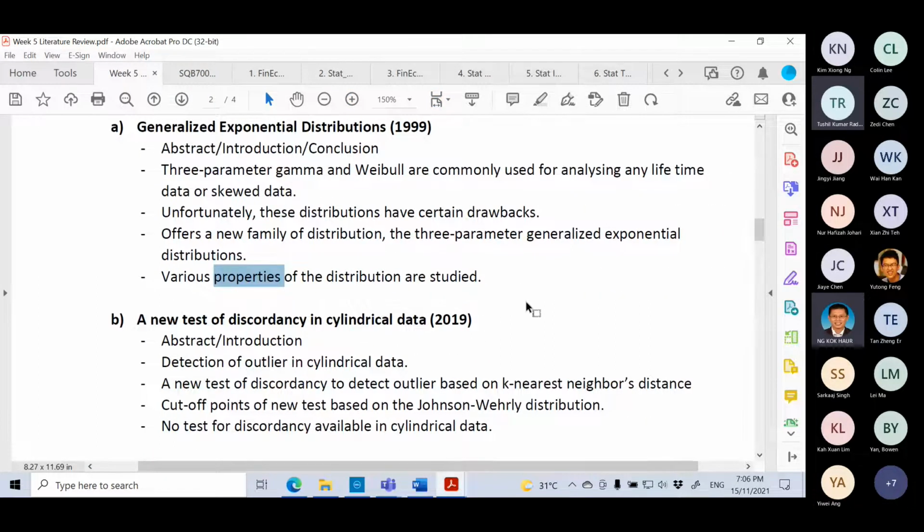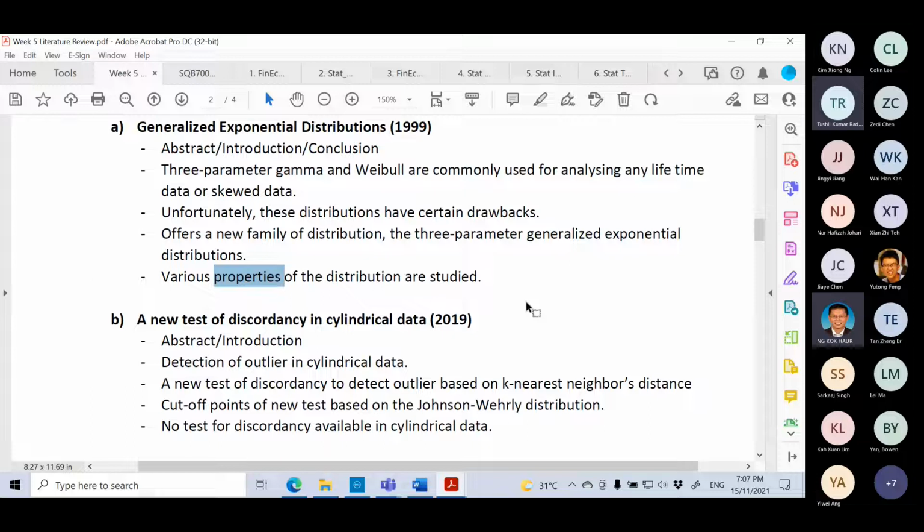The second paper here is about the hypothesis test. Okay, you have many tests. So this test is a test for cylindrical data. Okay, this test was created in the year 2019. This test is one of the hypothesis tests to test the detection of outliers in cylindrical data.